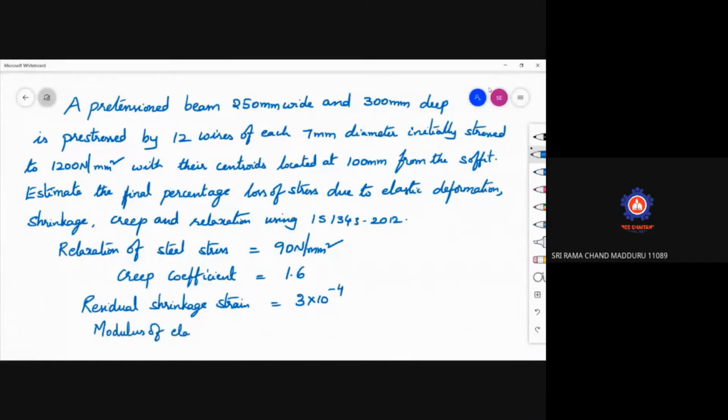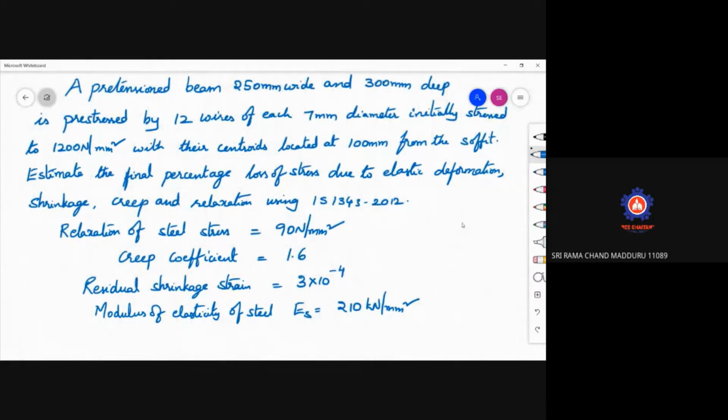Modulus of elasticity of steel ES is equal to 210 kilonewton per mm square. Modulus of elasticity of concrete EC is equal to 35 kilonewton per mm square.